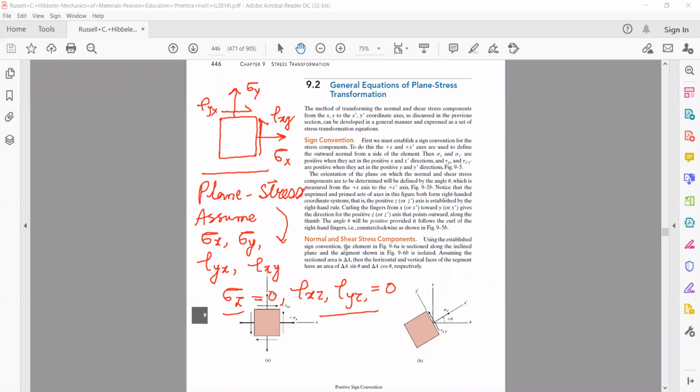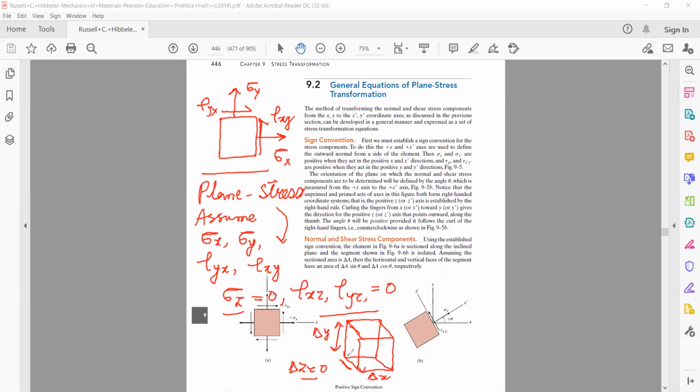We take a stress element like this, with delta x and delta y, and as far as delta z is concerned, it is almost equal to 0.